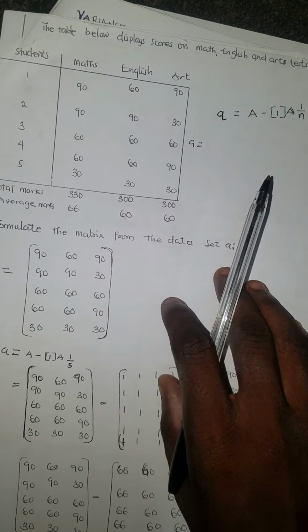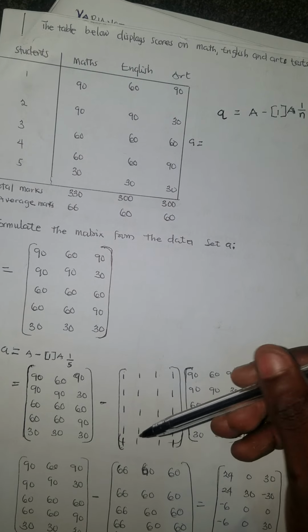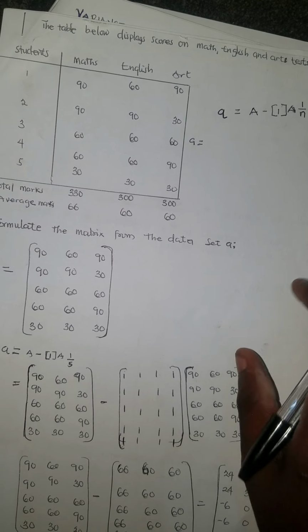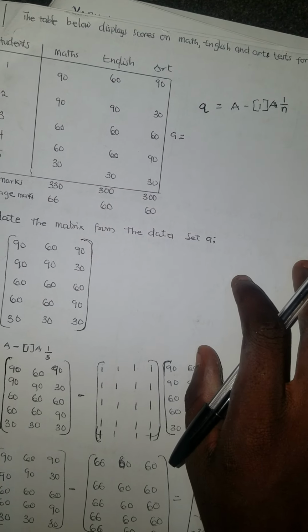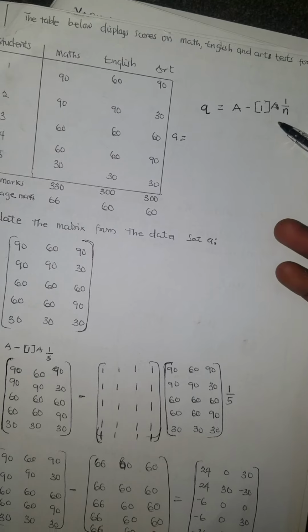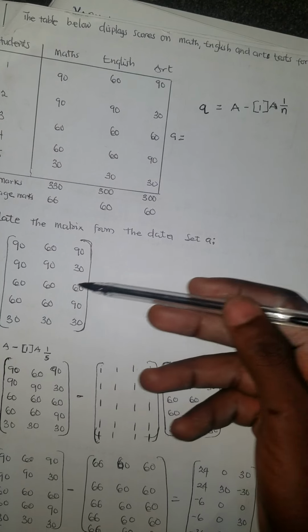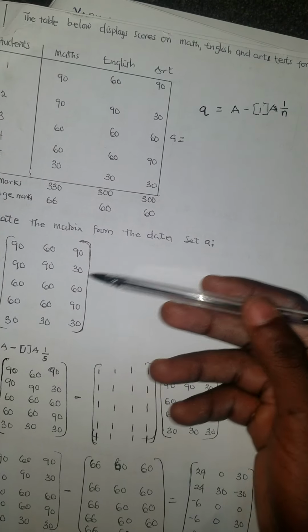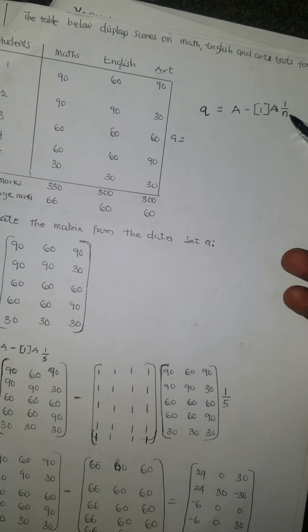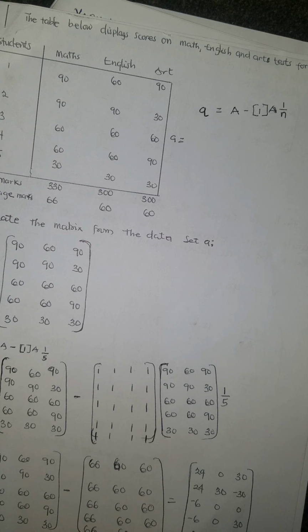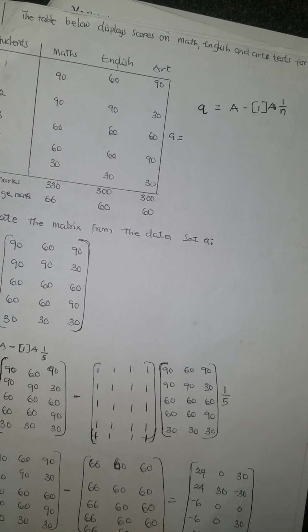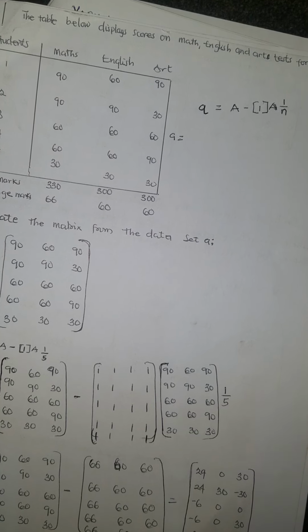The unitary matrix is a matrix of 1 1 1 1 1 1. All the entries of that matrix are 1, minus the unitary matrix multiplied by the same matrix A, and then everything multiplied by 1 over the number of samples.